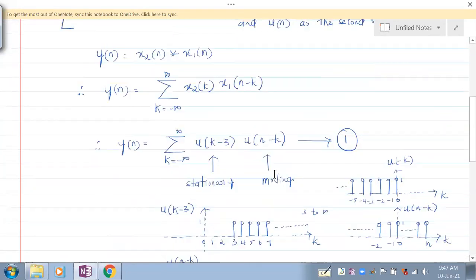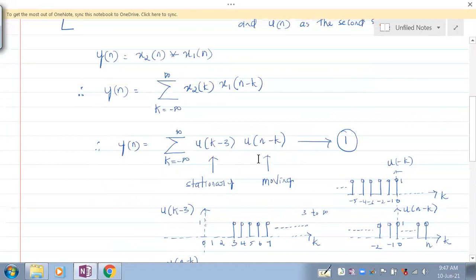Fine. So now equation 1 would change accordingly. The overlapping range is the limits of summation that we assign here.